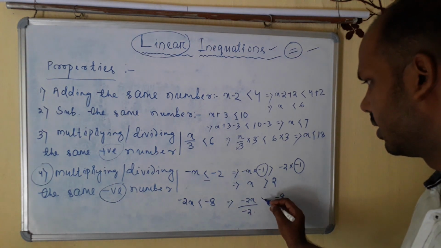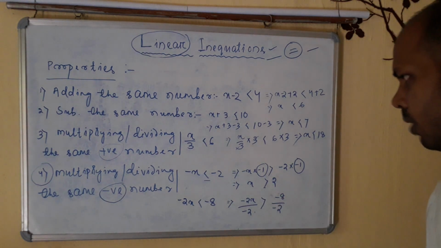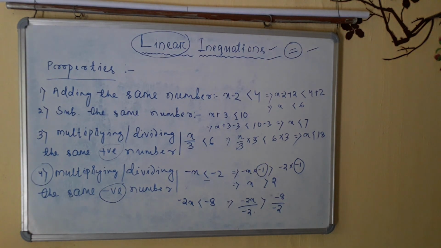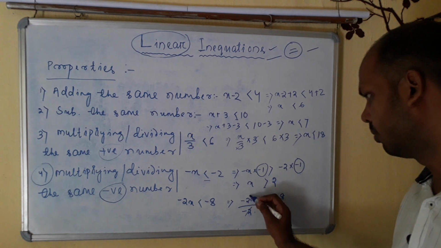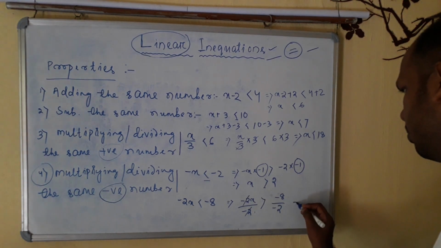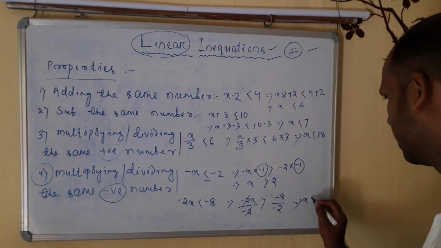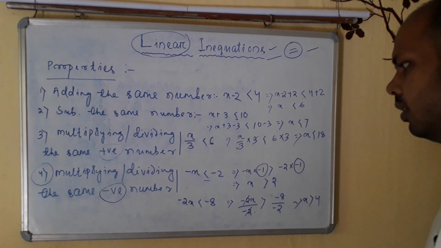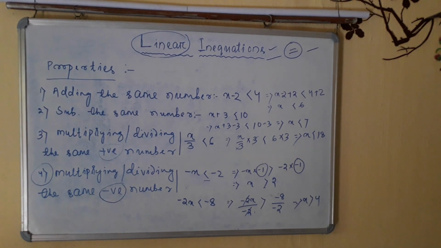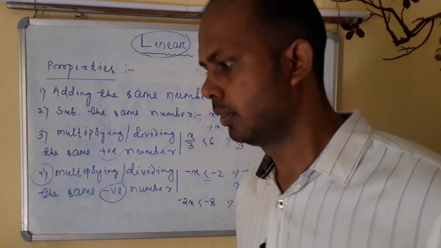So it will change to greater than. Clear? Now minus 2 cancels. This implies x greater than 4. So this was all about the properties of linear inequations. Next we'll solve some examples.